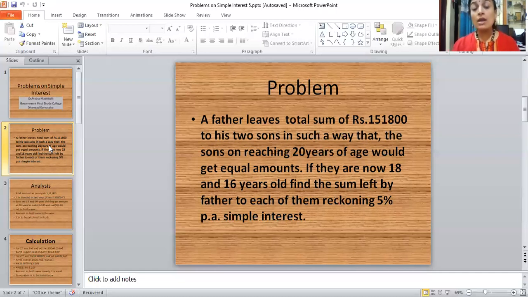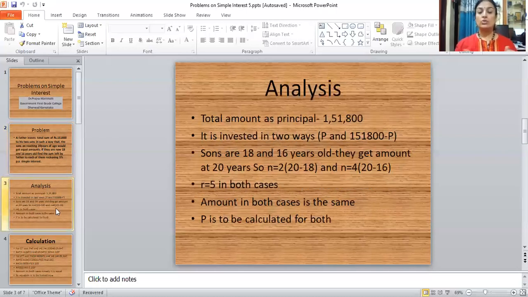The father has kept the principal and the rate of interest is same for both. That is 5% per annum simple interest. This is the situation. First, let us analyze what is given in the problem. As it is stated clearly, total principal is 1,51,800.